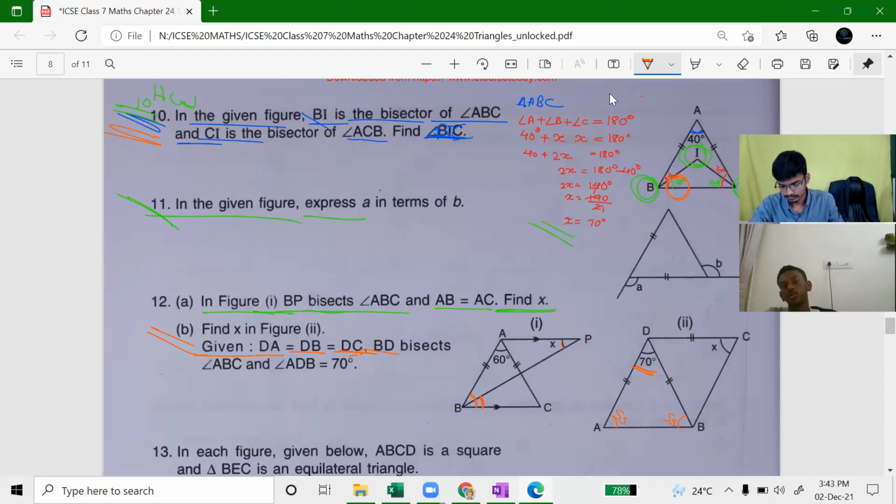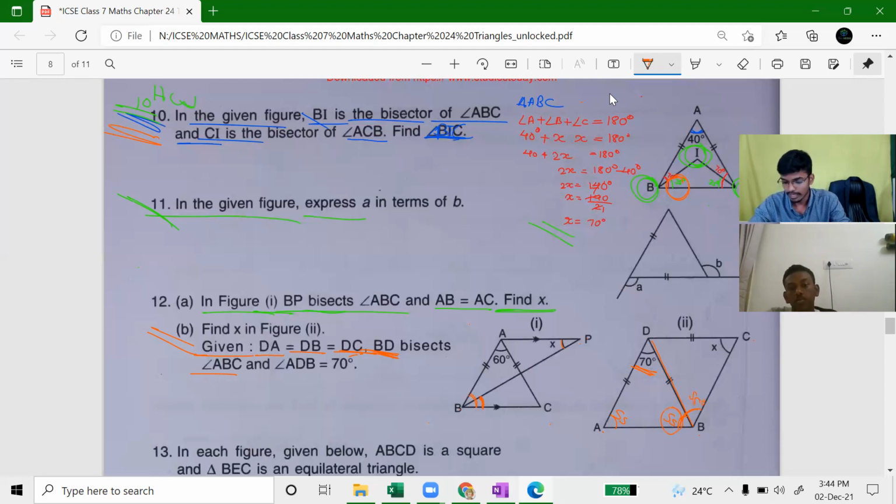So what they have told us is that BD bisects angle ABC. This is the angle, and they bisect the angle. If this is 55, then this will also become 55 degree.